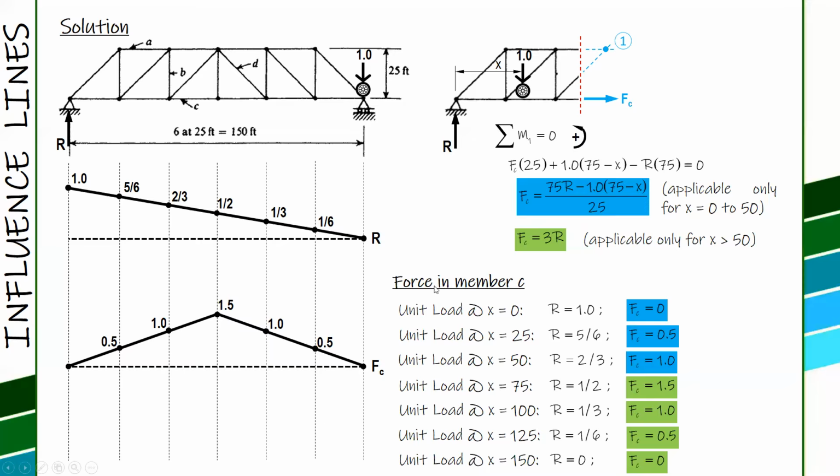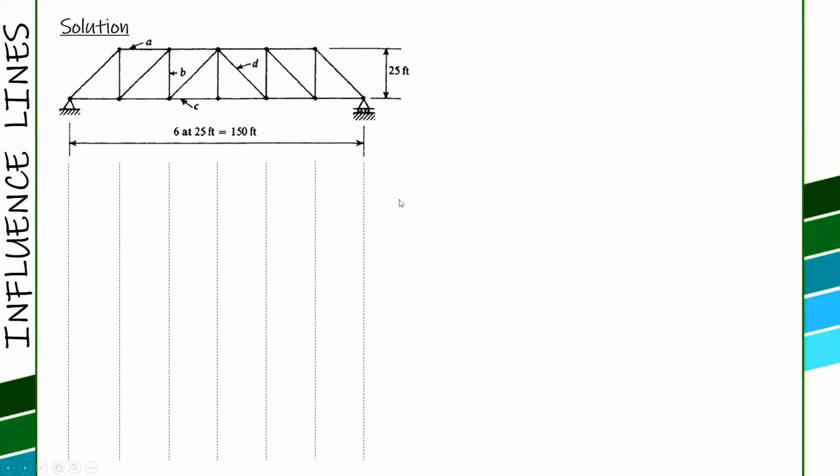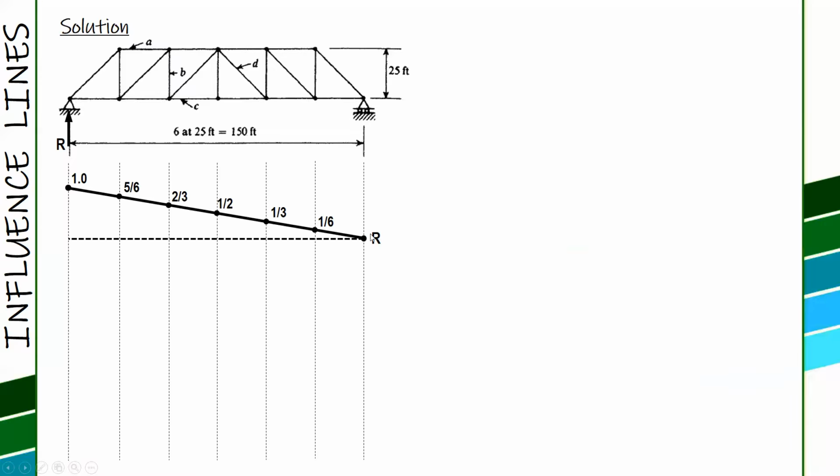Okay, you do the same for member B. But for member B, you will cut differently. For RA, this is the influence line for RA. Okay, that's it.